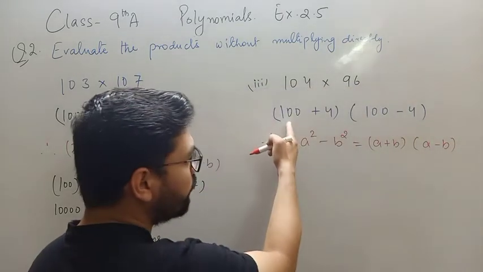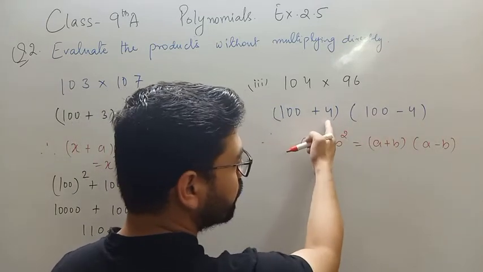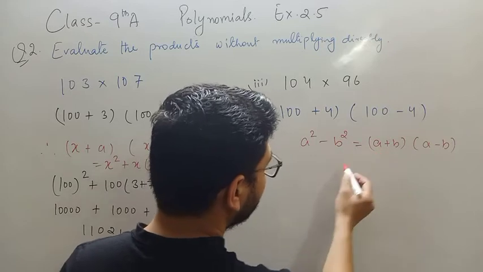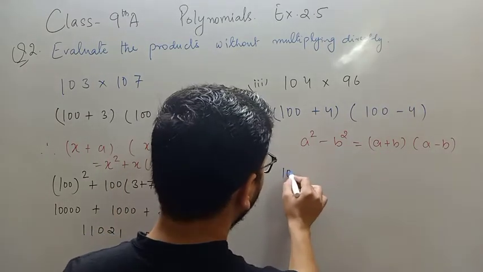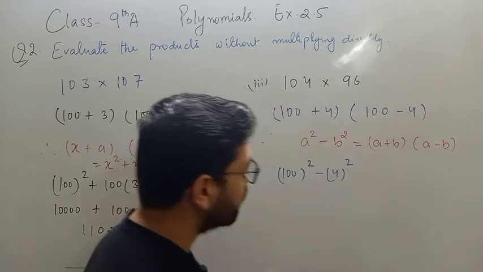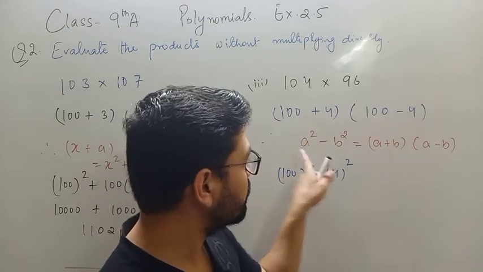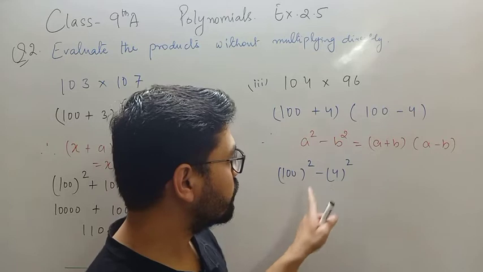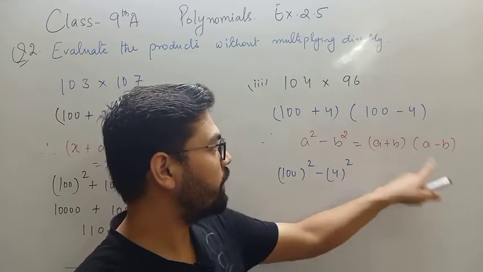So in place of a I can put 100, in place of b I can put 4. So can I write it like this? 100 square minus 4 square. So see, 100 plus 4 into 100 minus 4 is equal to 100 square minus 4 square, using this identity, a square minus b square gives you a plus b and a minus b.